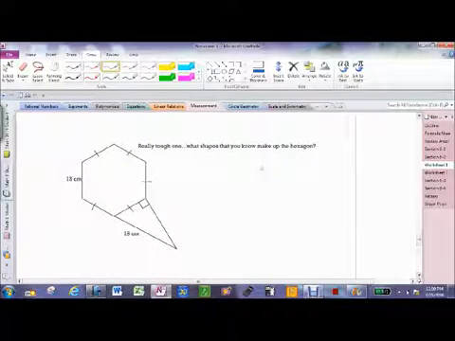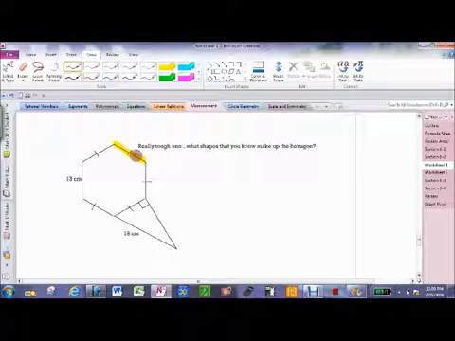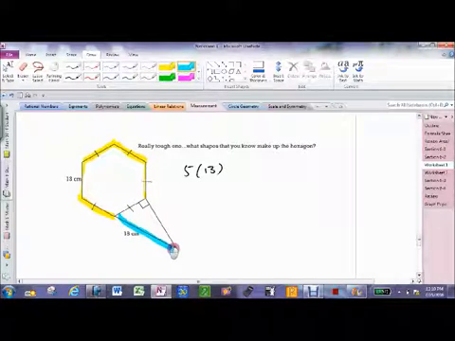Okay. And the perimeter is all the way around the outside, yeah? How long is this? 13. How many of them are there? 5 times 13 covers all the yellow, yeah? And this one is how much? 18, so I got to add 18. Then I only need this side, don't I? How do I find this side?